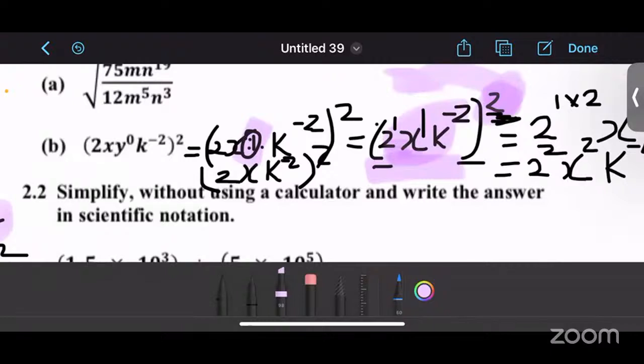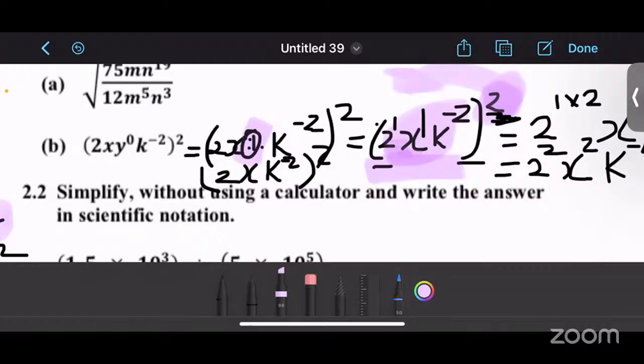So I took away the 1 because anything multiplied by 1 is that very same thing. So there is no need for me to have the 1. Do you get it? Okay, ma'am.